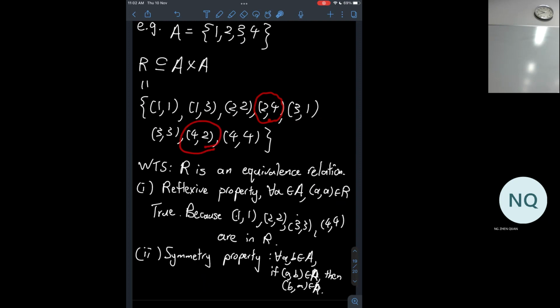Yes, here. Of course, you don't need to check when a equals b, because that is the reflexive case. So it is satisfied.